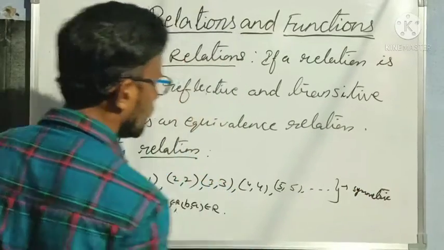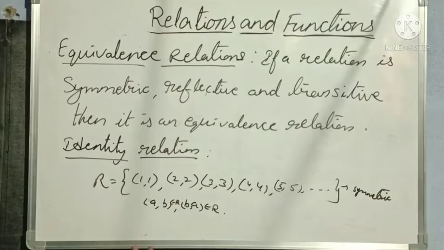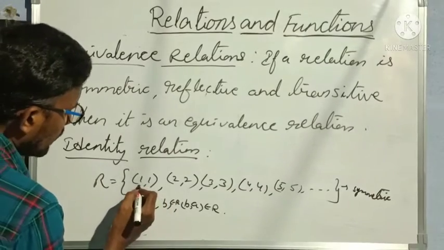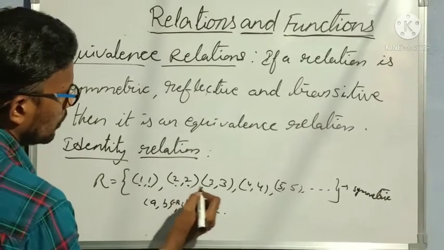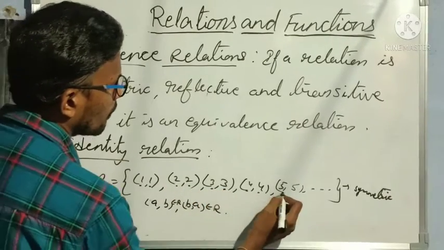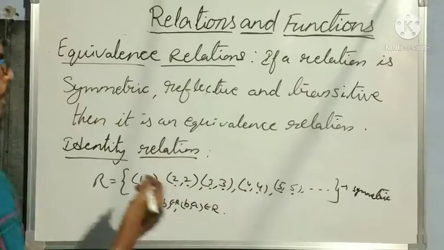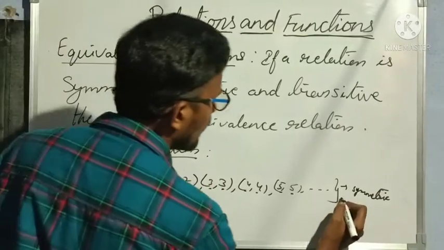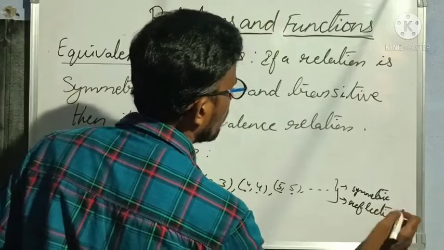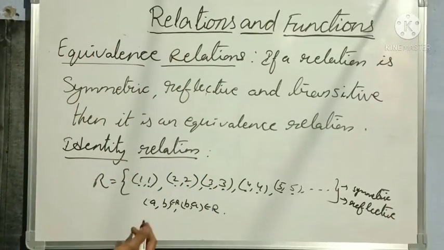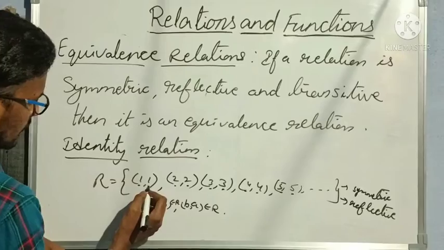Next, reflexive. Reflexive means 1 comma 1, the same element repeated. So here also 2, 2, 3, 3, 4, 4, 5, 5, the same element is repeated, then that is called reflexive. So this is satisfying reflexive also. Transitive will also be satisfied. See here, 1 comma 1.